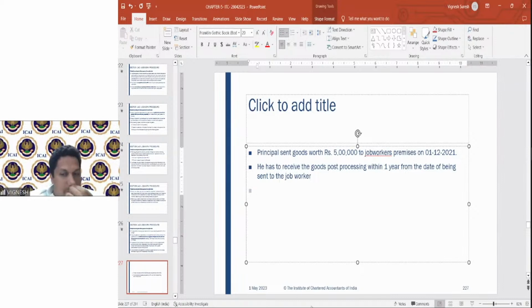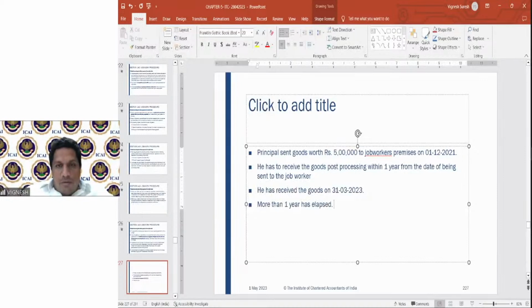Now let us assume he has received the goods on 31st March 2022. More than 1 year has elapsed. The goods sent on 1st December 2020 will be treated as supply from principal to job worker.